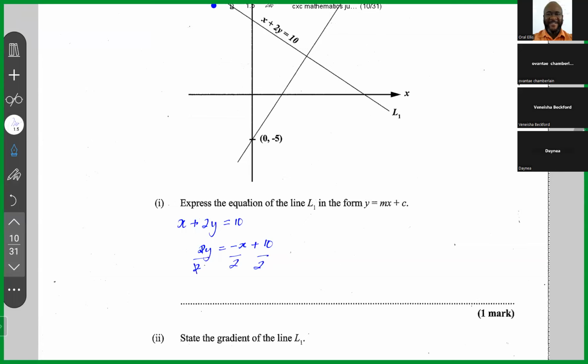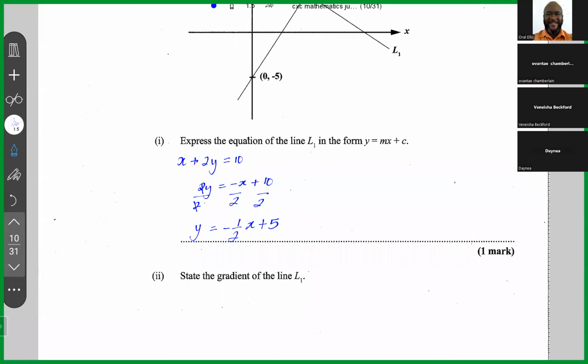And when I do that, I get y is equal to minus a half x plus 5. Remember that dividing by 2 is the same as multiplying by a half. So L1 in the form y is equal to mx plus c is y is equal to minus a half x plus 5.